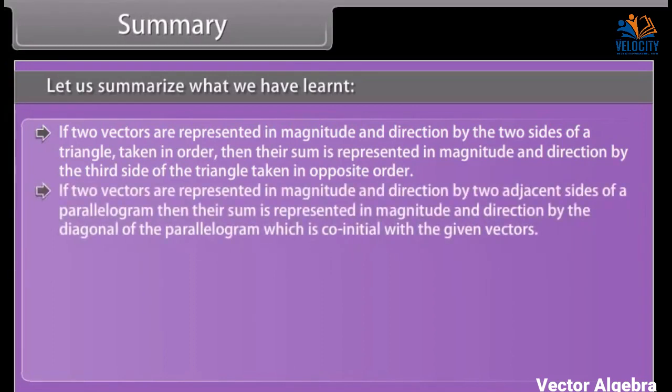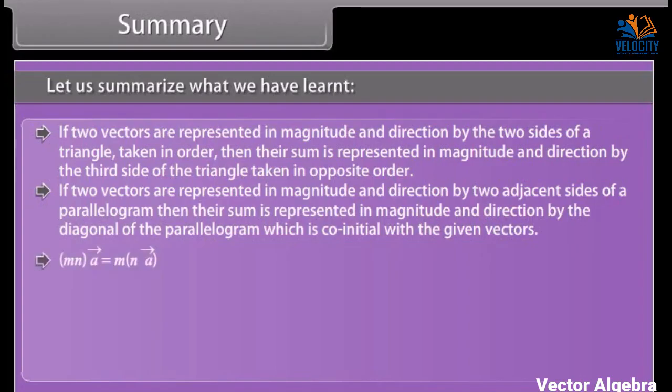If two vectors are represented in magnitude and direction by two adjacent sides of a parallelogram, then their sum is represented in magnitude and direction by the diagonal of the parallelogram, which is co-initial with the given vectors.